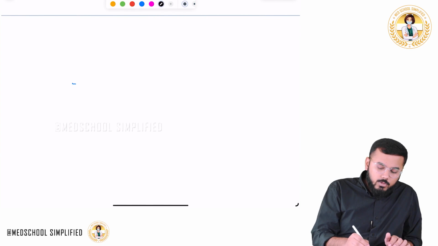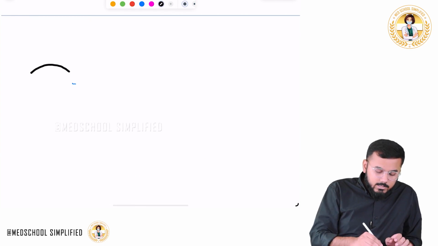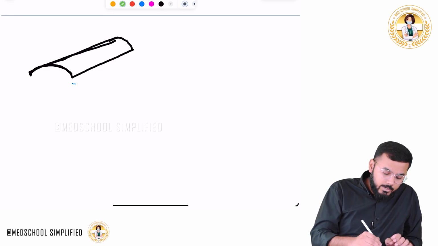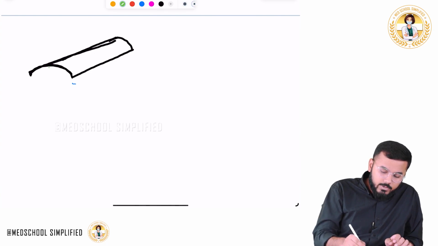If you carefully look at this, see, this is your corpus callosum like this. Where is your septum pellucidum located? The septum pellucidum is exactly located in the center over here.